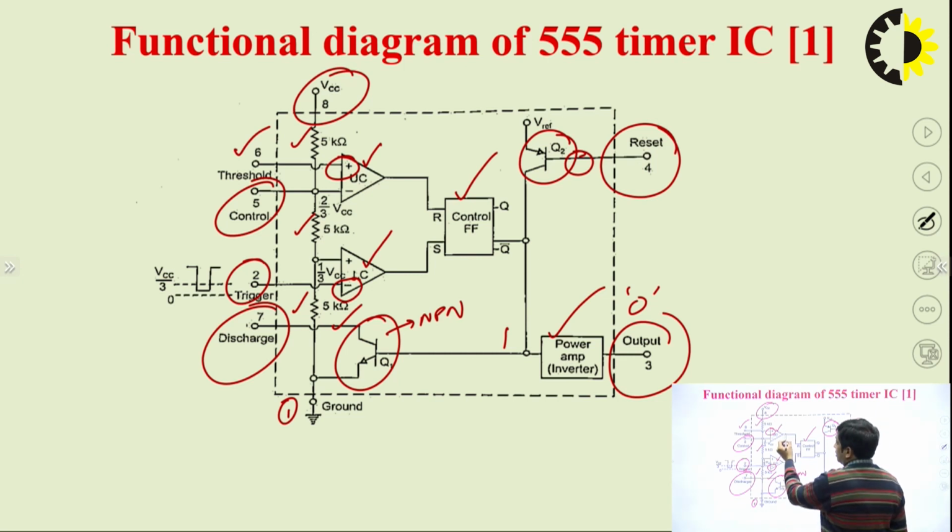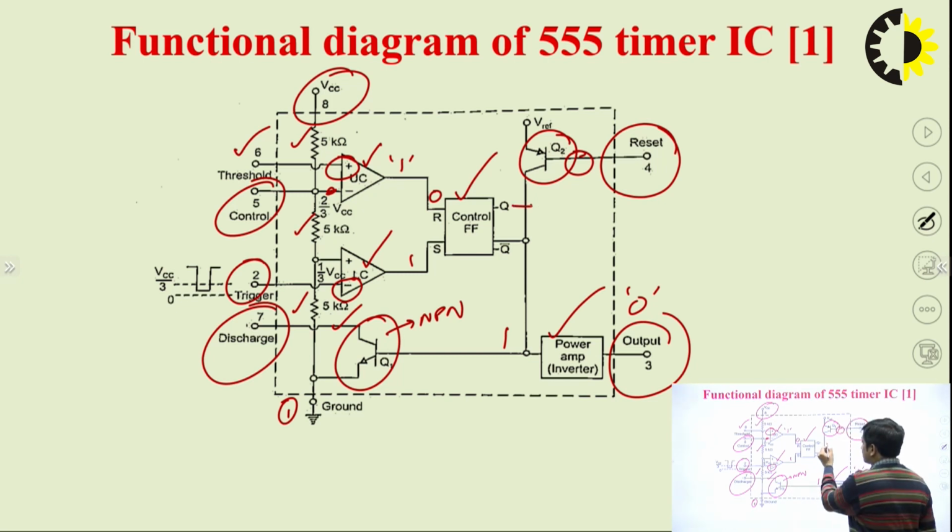So the output of the upper comparator will be logic 1 if the voltage at the non-inverting terminal is greater, right? And the output of the upper comparator will be at logic 0 if the voltage at the inverting terminal is greater. And we know the truth table of SR flip-flop. If S is 1, R is 0, then it is the set state.